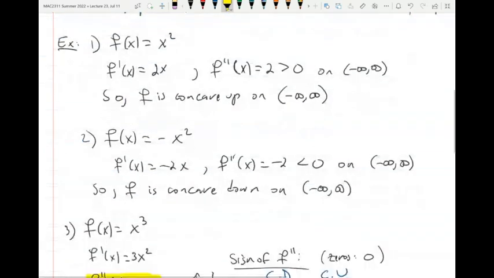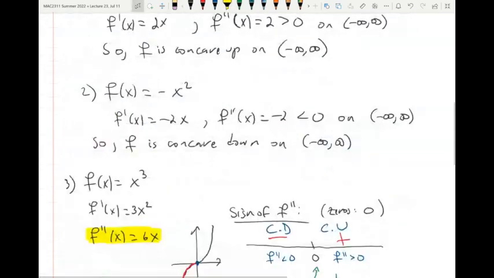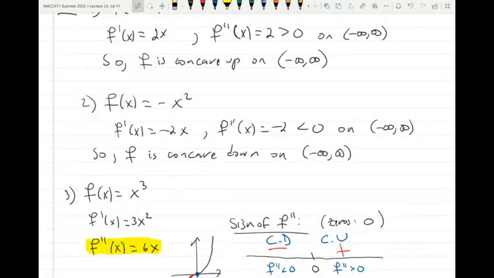The reason for that is because inflection points on the graph are relative extrema of the derivative. Okay? So remember, the derivative itself is a function.